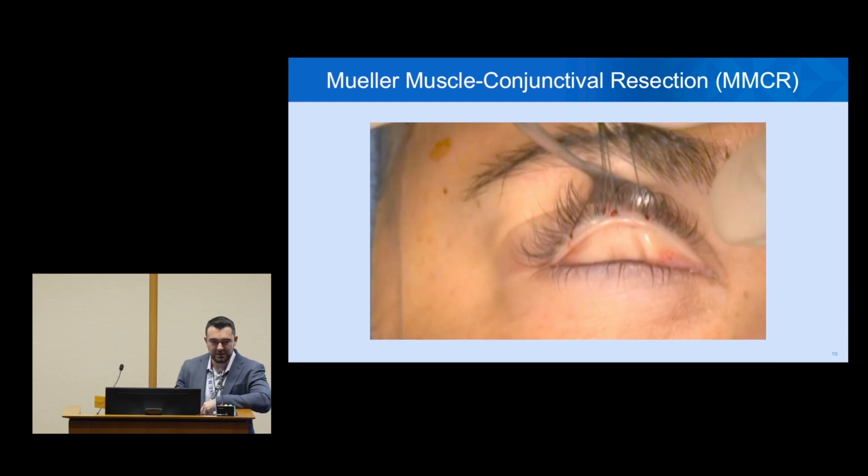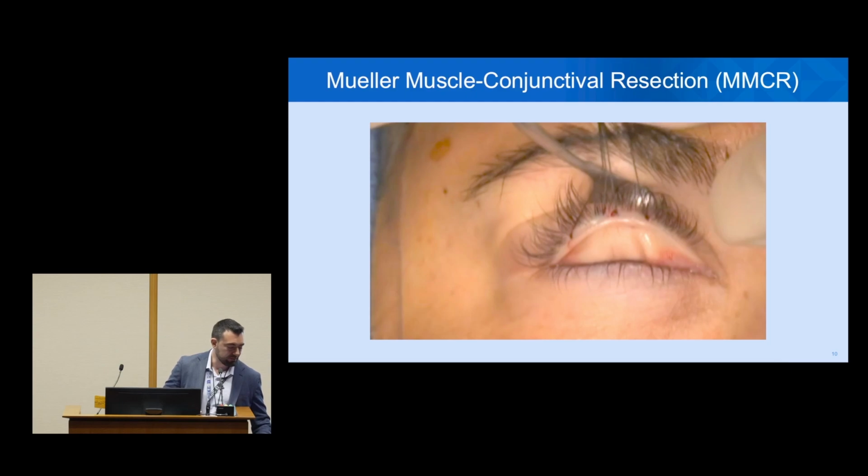This surgery is called the Mueller's muscle resection. Now with this surgery, we are actually targeting not the levator, which is the muscle I was telling you about, which everyone's afraid about when you give Botox, but the muscle behind it on the back side of the eyelid, Mueller's muscle. This has limitations. It's not as strong as the levator, but you can go to sleep, and we have great results with this.